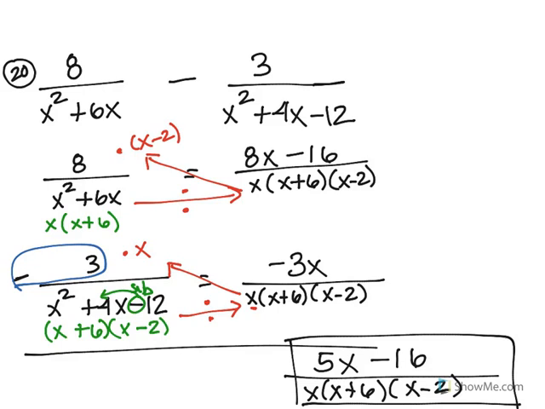On this first one, we can factor off an x, and that will give me x plus 6 left. And on the second one, this one factors into x and x in the front, because you know we're subtracting to get that 4. And we're going to use 6 and 2, where my 6 is positive and my 2 is negative. So my least common denominator will be a combination of everybody. So I got to have x, I got to have the x plus 6, and I also have the x minus 2.